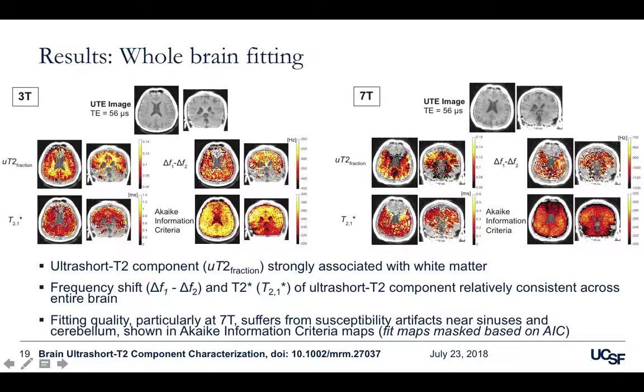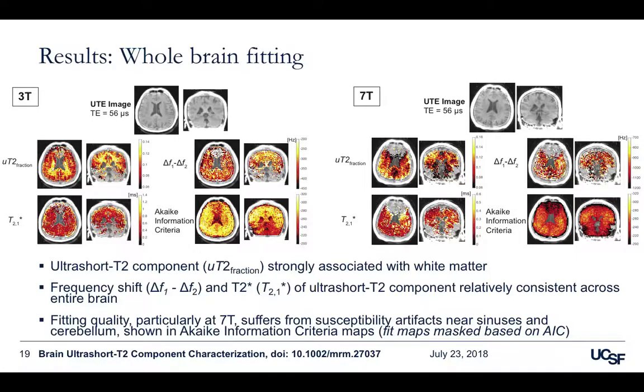This is most obvious at 3T. At 7T, we had a lot more challenges performing the fitting and getting reusable maps. I think this is due to the usual culprits of B0 and B1 inhomogeneity and also possibly blurring artifacts, as I'll discuss later.